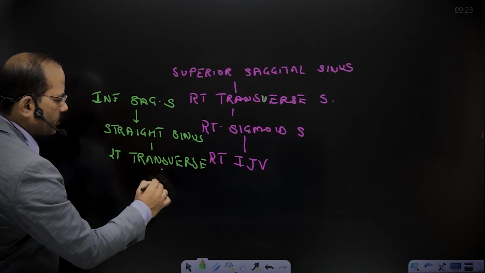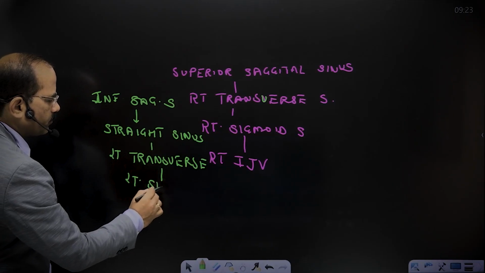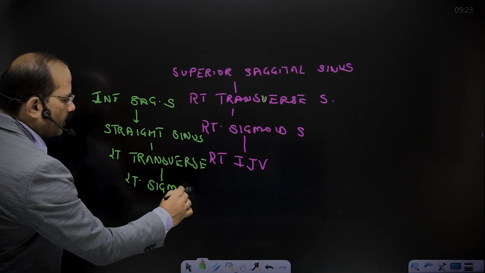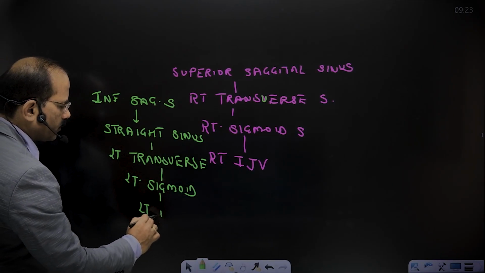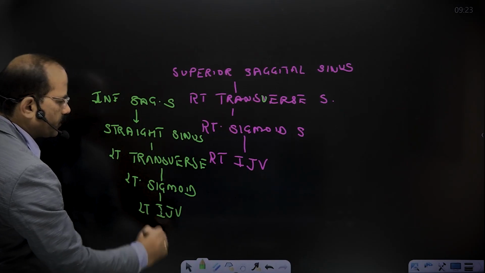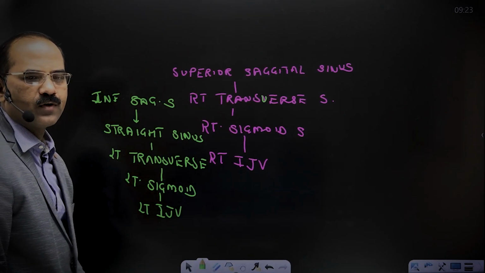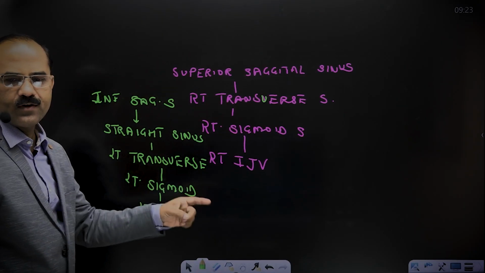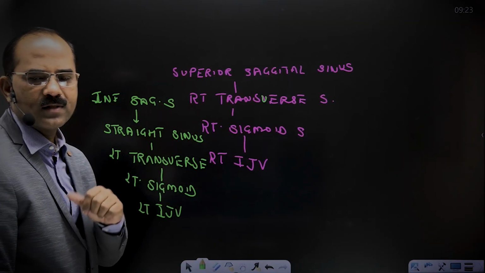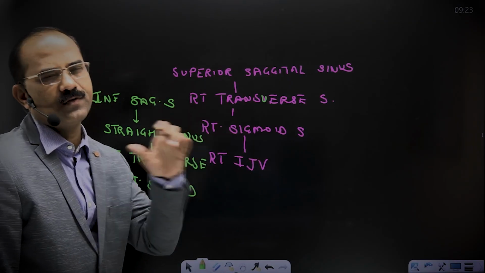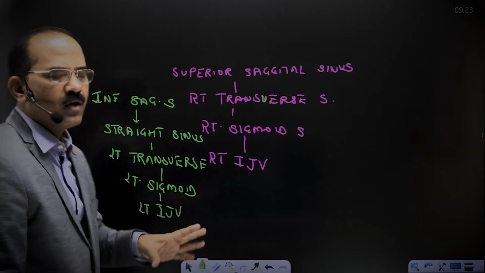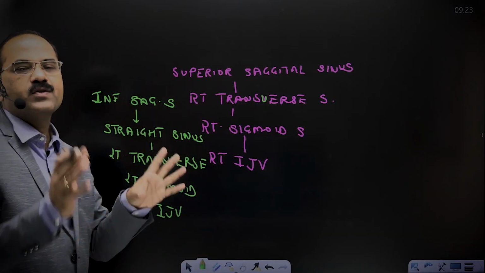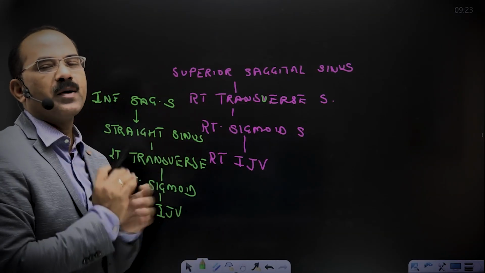Now it continues as left sigmoid, and then it continues as the left internal jugular vein. Clear? So inferior sagittal sinus first becomes the straight sinus, then the left transverse, then left sigmoid, and left internal jugular vein. Perfect. So these are the various sinuses of the skull located within the dura mater.